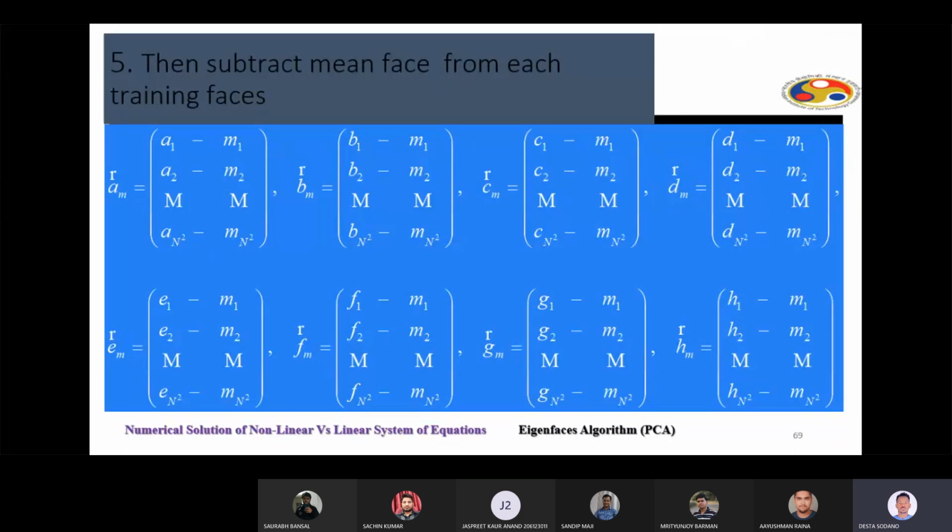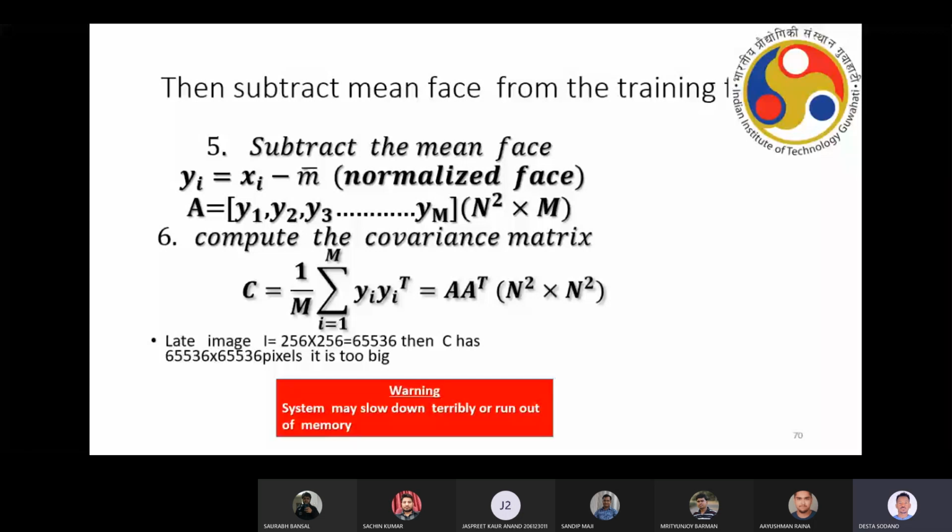Step 5: we subtract the mean face from each trainer. For example, from the 8 trainers, the matrix of the eigenface covariance of individuals is obtained in this way. Then we subtract the mean face from the training face.